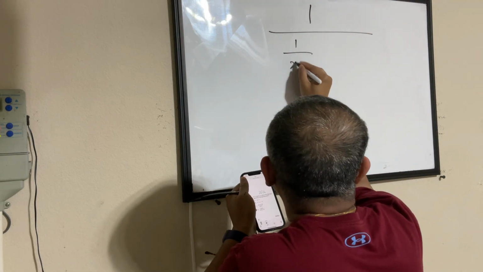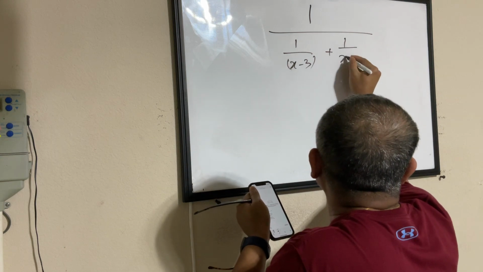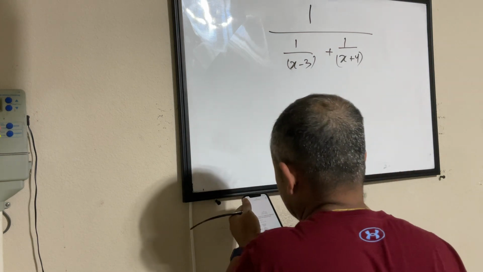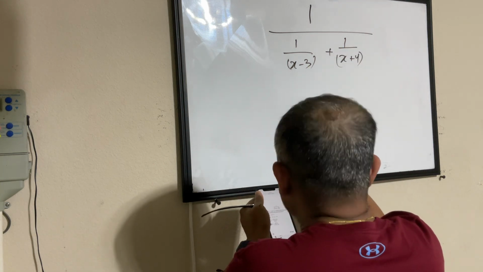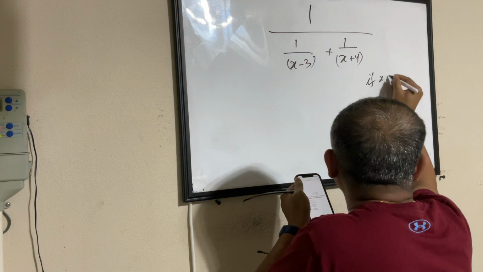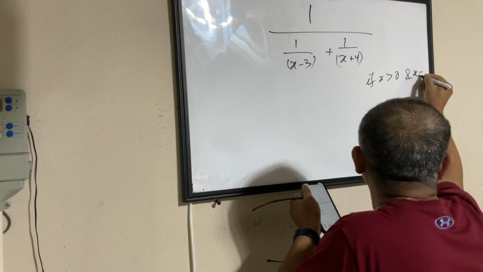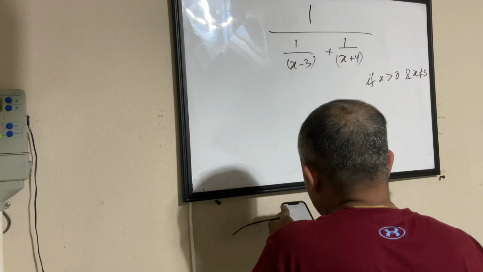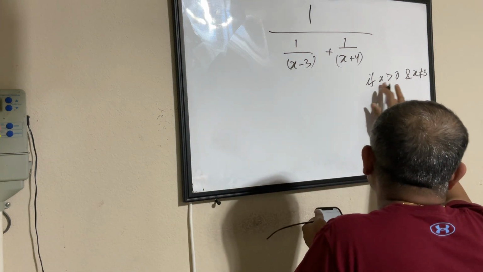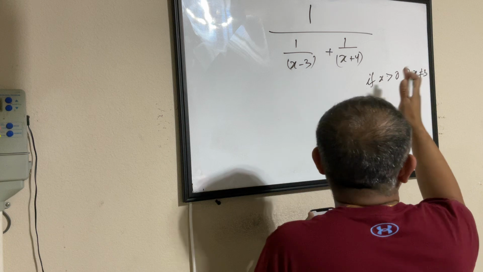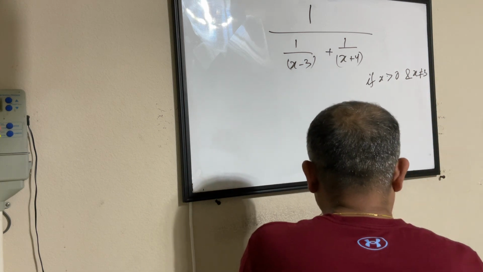1 by x minus 3 plus 1 by x plus 4. Okay, this is the equation given. If x is greater than 0 and x is not equal to 3, which of the following is equivalent to the expression above?